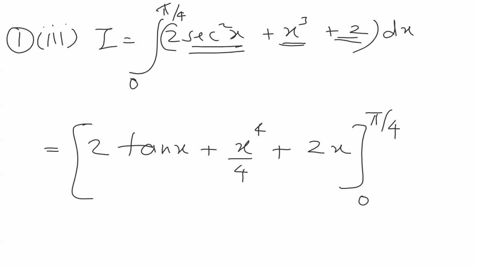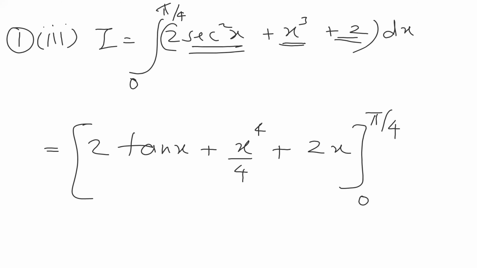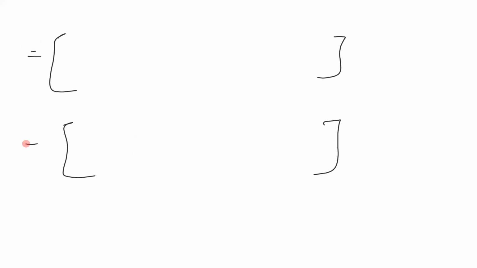Now after this particular step, I'm going to do box minus box. In the first box, wherever there is x, I'm going to place the upper limit. And in the second box, wherever there is x, I'm going to put the lower limit, that is 0, with a minus sign in between.